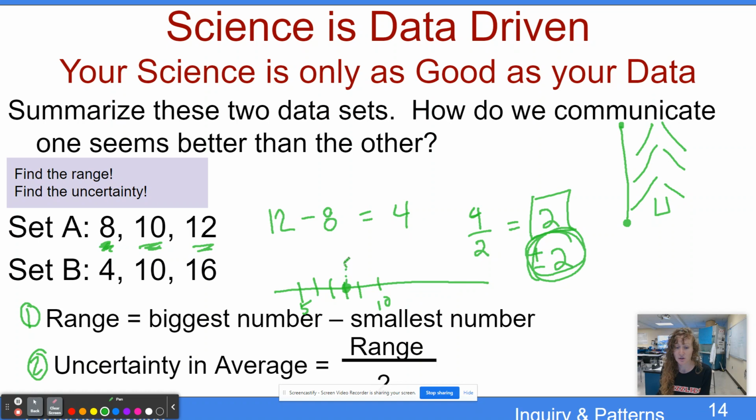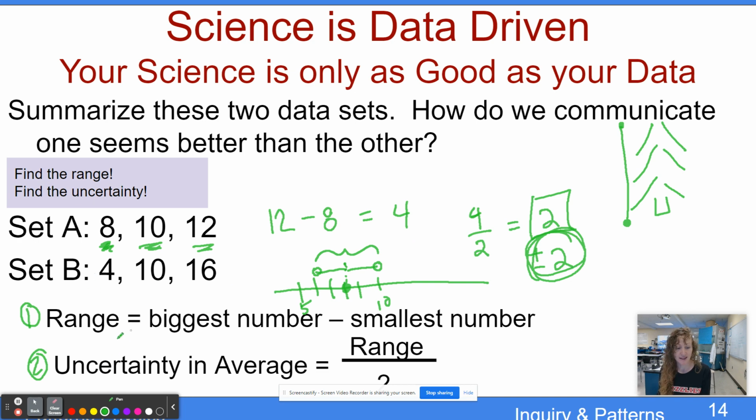Well, we don't exactly know, but we do know that the true value of the tree is either plus 2 from 8 or minus 2 from 8. So the actual height of the tree is somewhere in this range. That is either 2 more than my measurement or 2 less than my measurement.